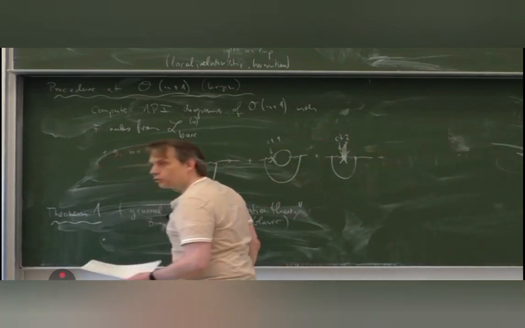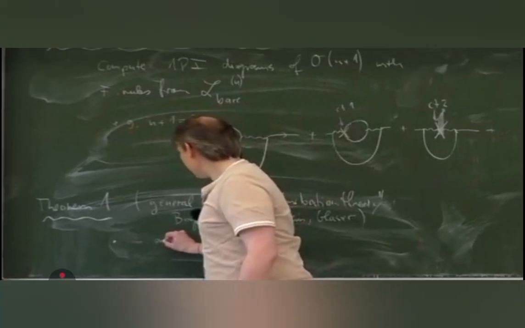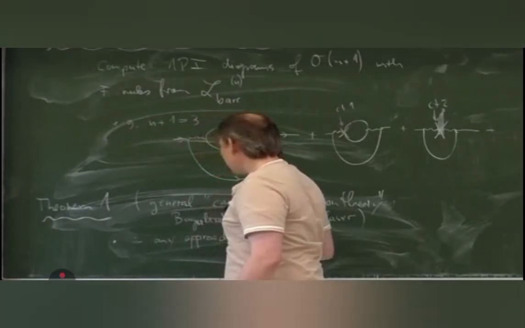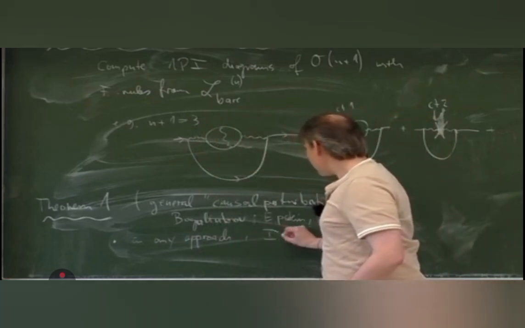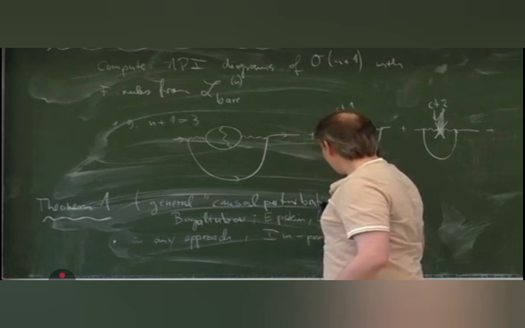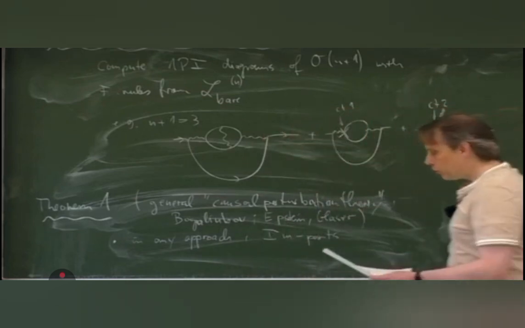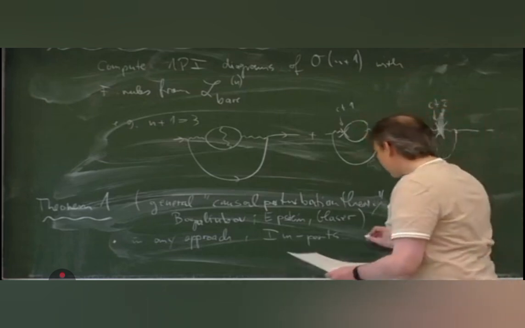I already alluded to it in the exercise, namely in any approach to regularization and renormalization and loop calculations, the imaginary parts of these Feynman diagrams and of Green functions are not arbitrary, but they are fixed by a very physical requirement.